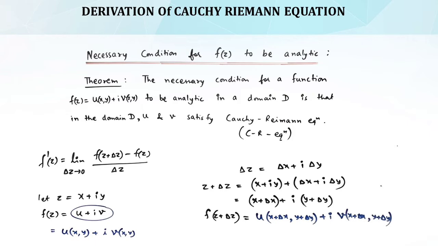Then delta z equals delta x plus i delta y, so z plus delta z equals x plus iy plus delta x plus i delta y, which further equates to x plus delta x plus i into y plus delta y. Finally, we get f of z plus delta z equals u of x plus delta x comma y plus delta y plus i v of x plus delta x comma y plus delta y.